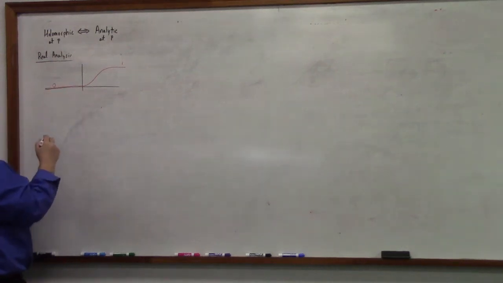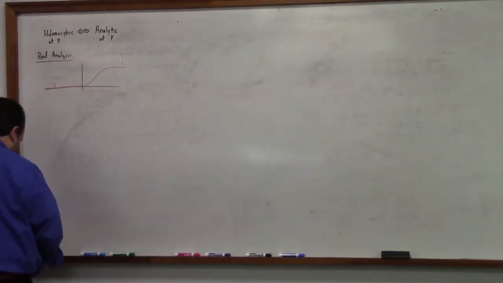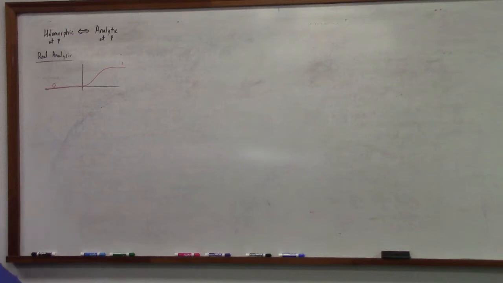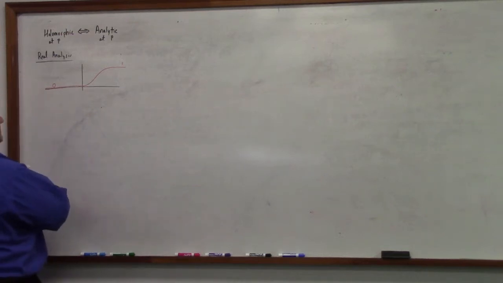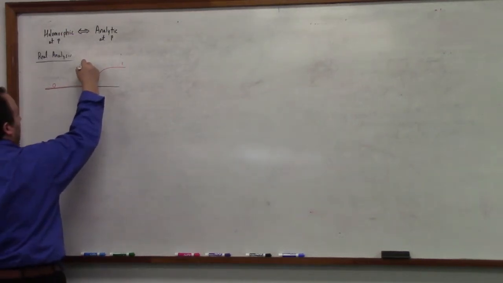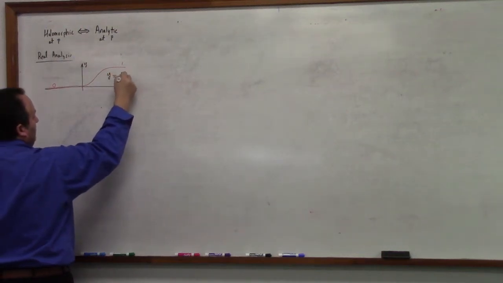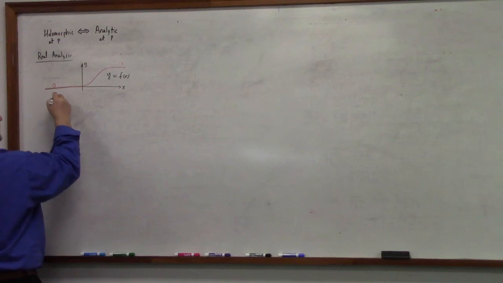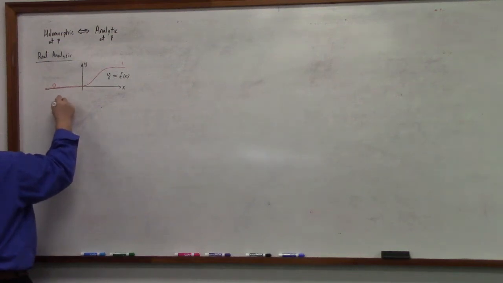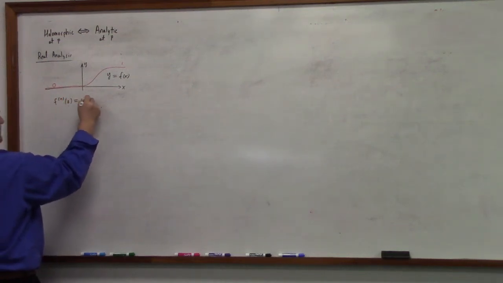I won't give you the formula for it, but I'll just tell you there is such a function, such that the nth derivative at 0 is equal to 0 for all n.